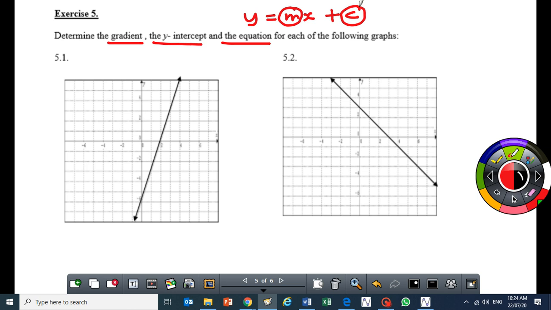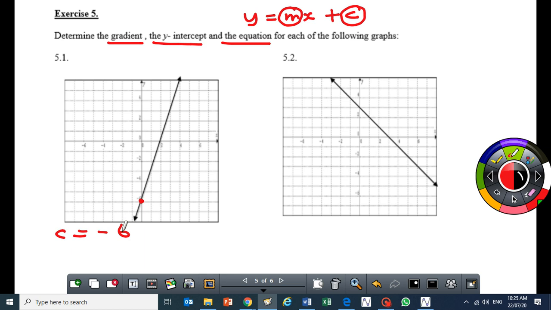If you look at the first one carefully, it's not very clear for whatever reason, but if you have the question, you find that our y-intercept is at minus 6. So c is equal to minus 6.